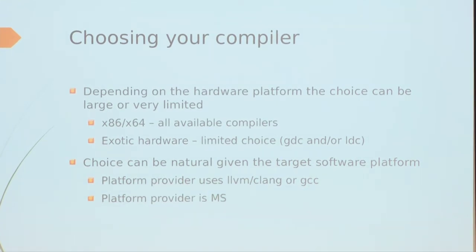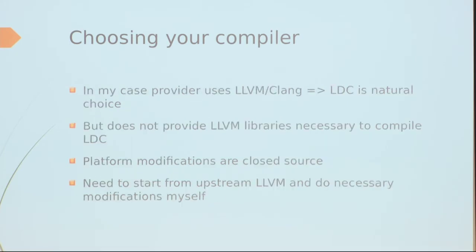You can also have a natural choice, in a sense that you can align your choice to the C++ compiler you get from your platform, like GCC, GDC, clang, LDC, etc. So in my case, the choice was sort of obvious because the platform is using clang, so LDC was a natural choice.